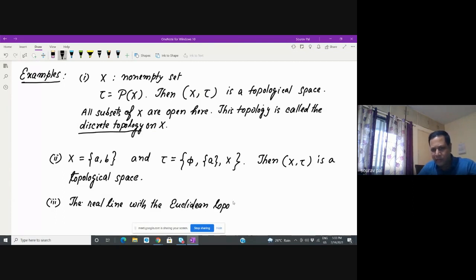Whatever we have learned in real analysis is what is called the Euclidean topology. The open intervals are open sets there. We shall see that anyway.